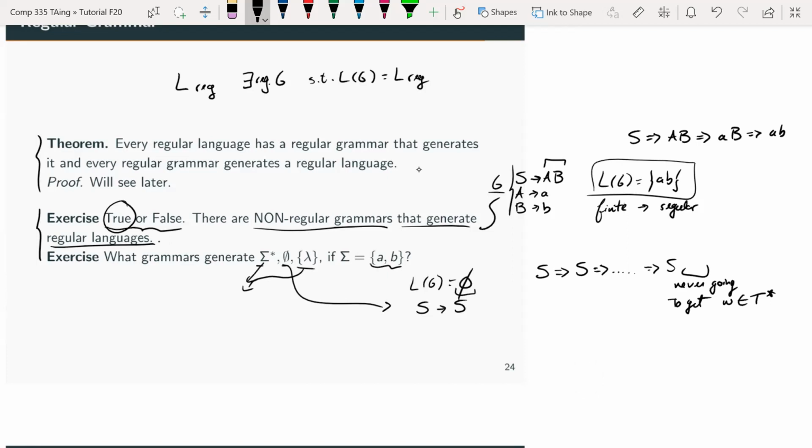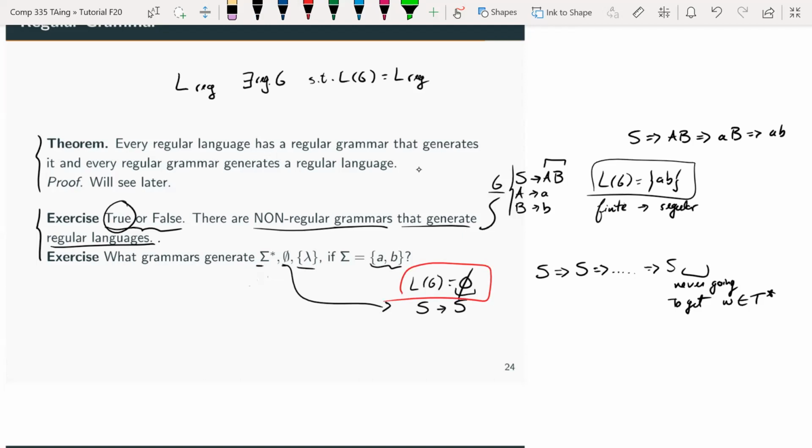So you can think of the grammar as never generating any terminal strings, and so the language it generates is empty. That's why in this case L of G is the empty set.